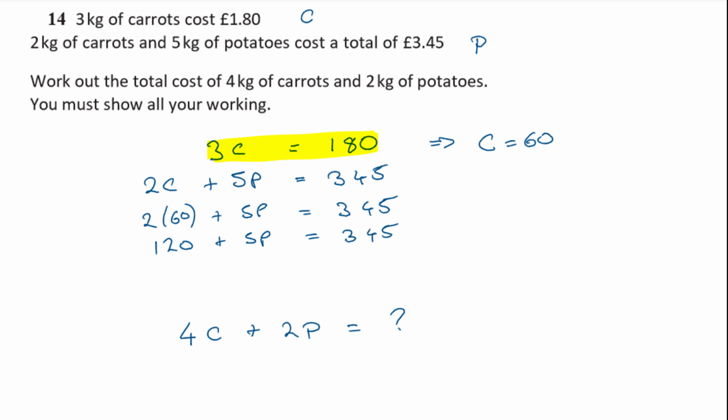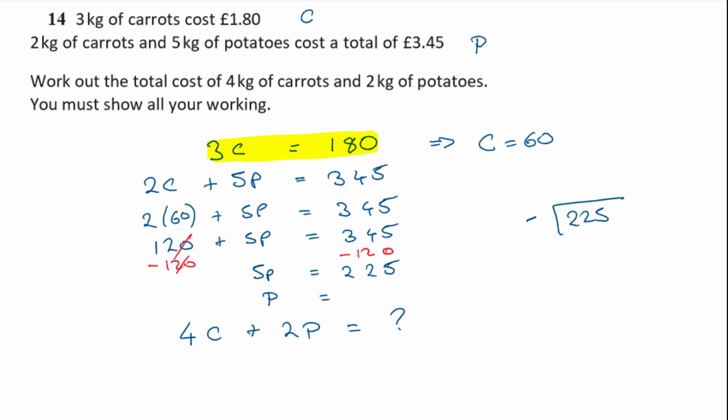Now subtracting 120 from both sides, they're going to cancel each other out, so I'm left with 5P on this side. 5P is going to be equal to 345 take away 120. That is 225, isn't it? So 5P is 225. So that must mean that P is 225 divided by 5.